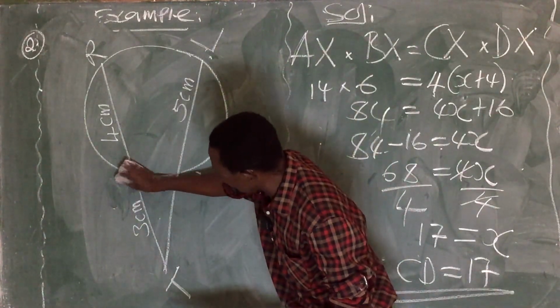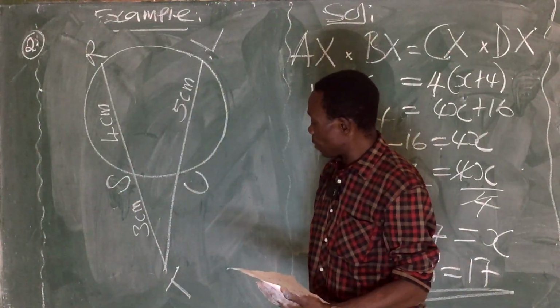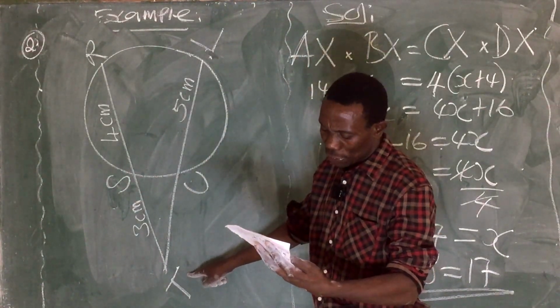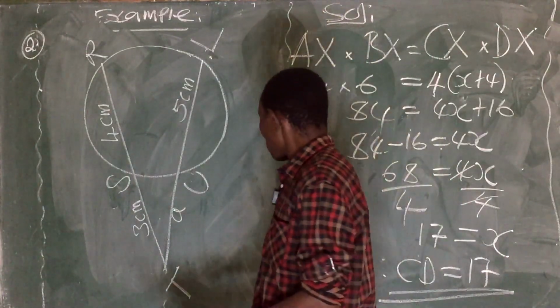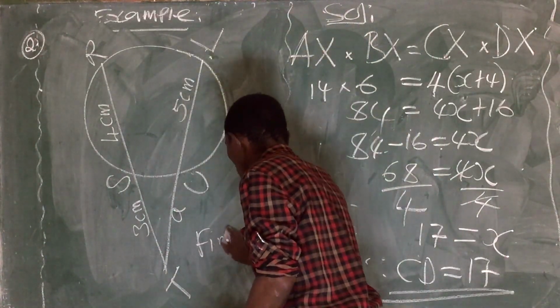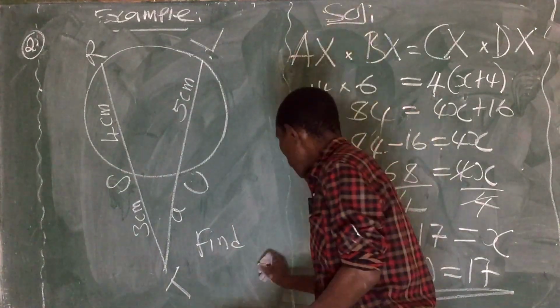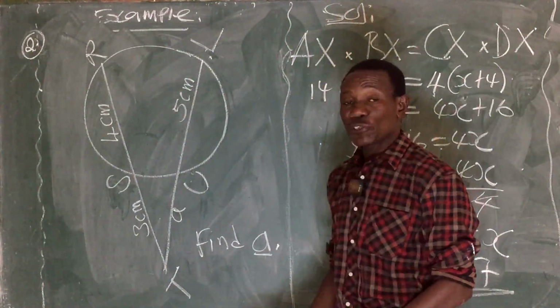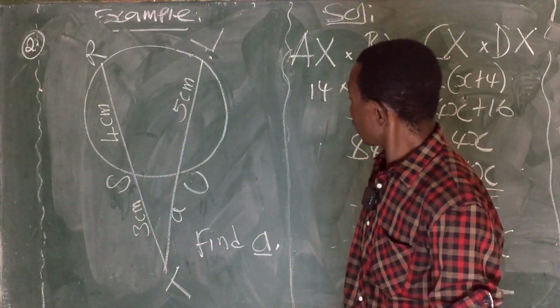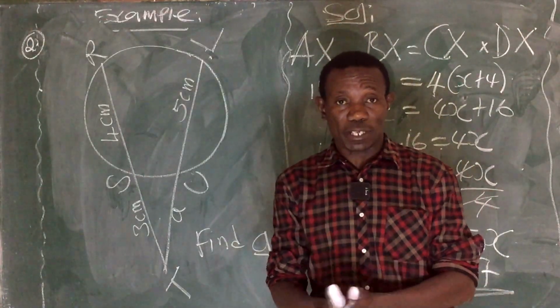This is your S. I think I have it well observed. And also we have got TU given as A. So the question here is simply asking you to work out the value of A. Simple as that.